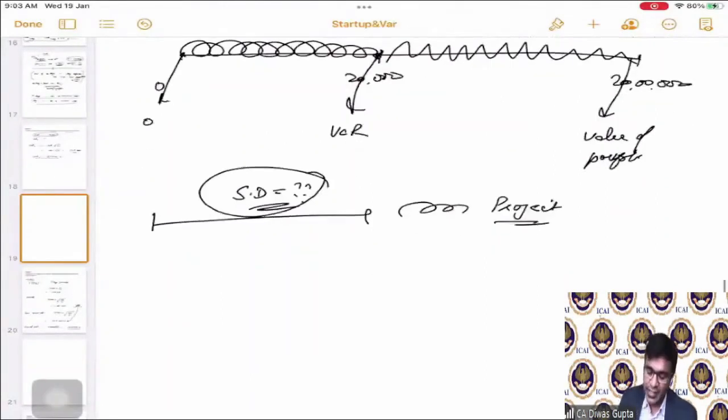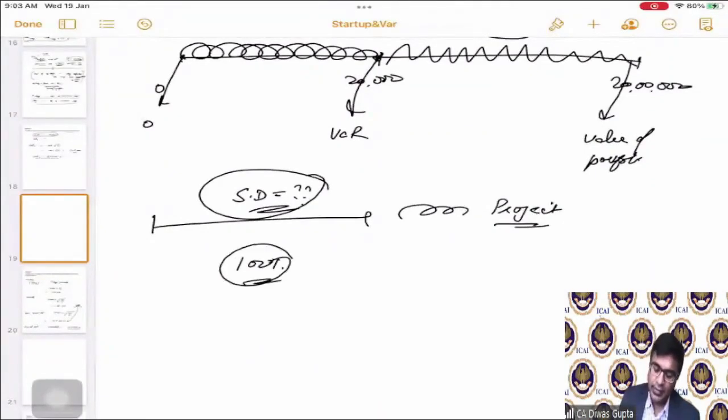If the past standard deviation says that it is 100%, then I can understand there is a 50-50 chance. Standard deviation of 100% means a 100% downfall or a 100% rise is possible in the value of the portfolio. But if the standard deviation is only 2% or 3%, I cannot say there is a 50-50 chance that the entire value will go down. Go back to the portfolio discussion, in which I told you that standard deviation tells you the possible deviation of the actual return from the expected return.